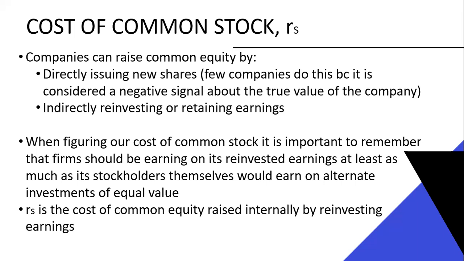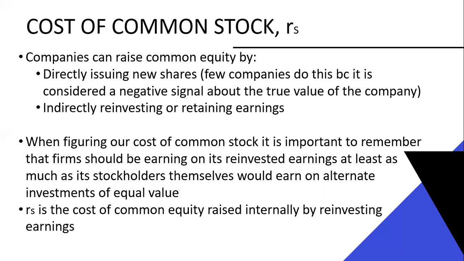It can be calculated by using the discounted cash flow approach. And finally, it can also be calculated using the bond yield plus risk premium method. So all three of these I'm going to talk to you about.